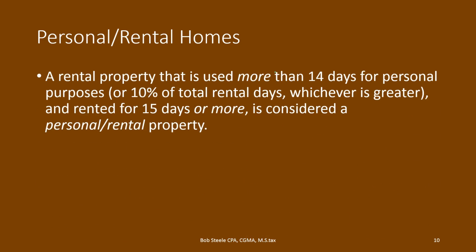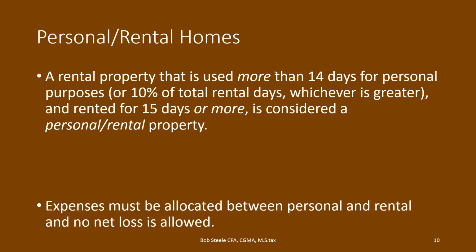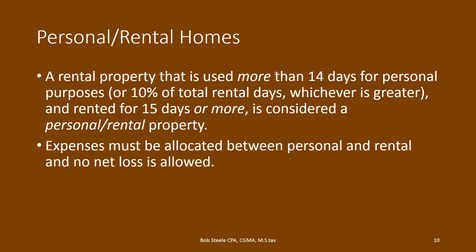Then basically it's going to be personal/rental. And if that's the case, we have the same allocation, basically meaning that income is what it is. Whatever we receive from our tenants is income. Expenses still need to be allocated between personal use and business usage, or rental usage, which is a form of business usage in this case.